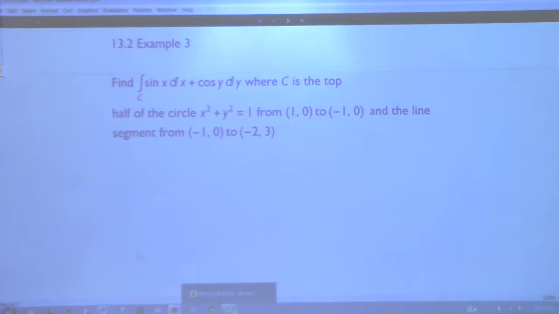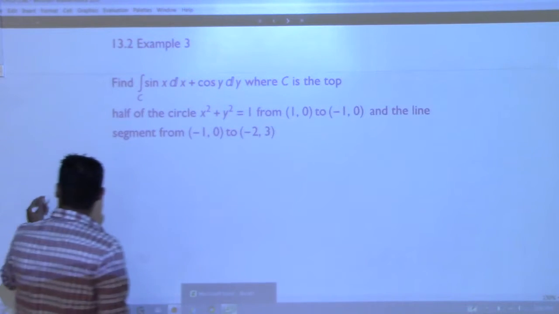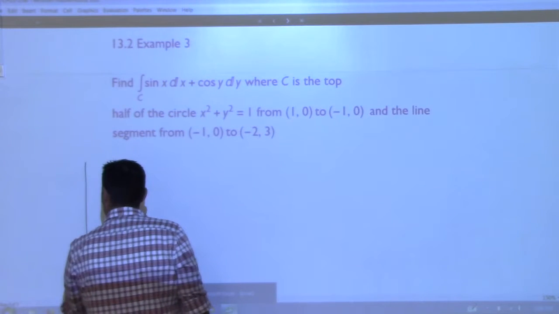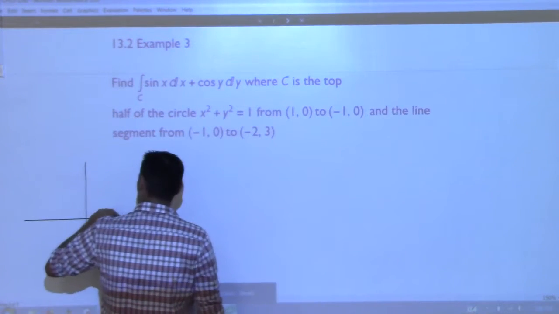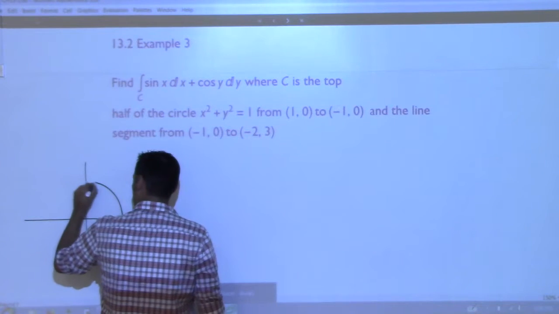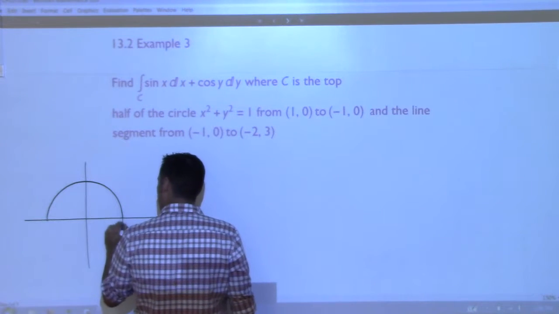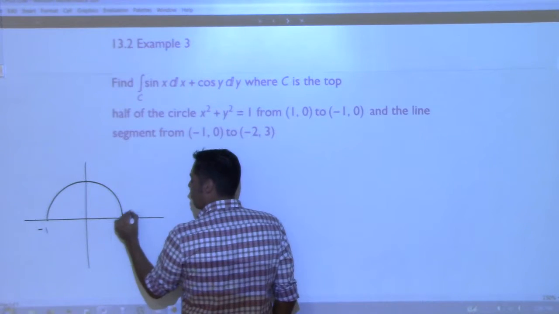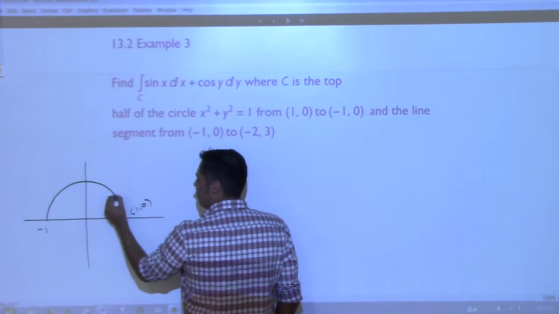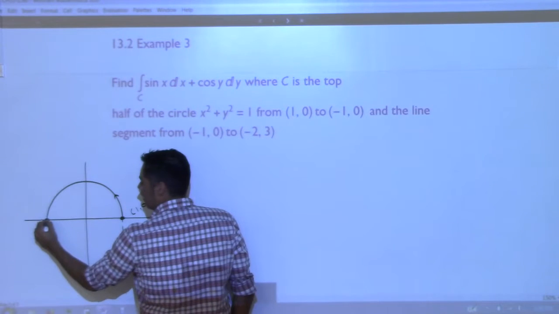Let's try and draw what C looks like, which is the domain. When I draw C, I have the top half of the unit circle, something like that. That's 1, that's negative 1. So we're going to go from this point, (1, 0), move along this curve, and end up here.